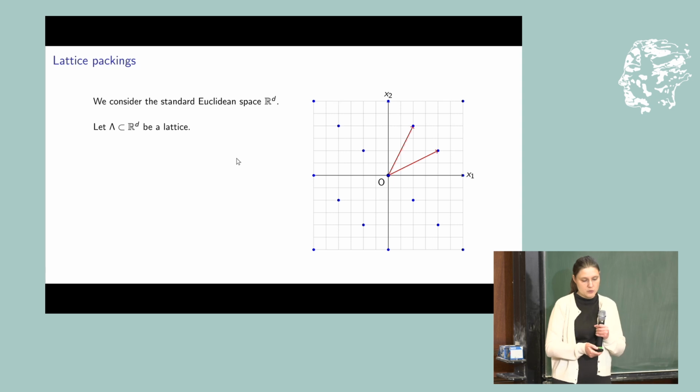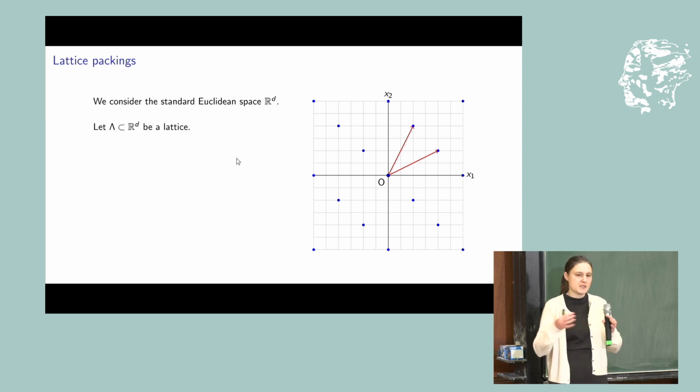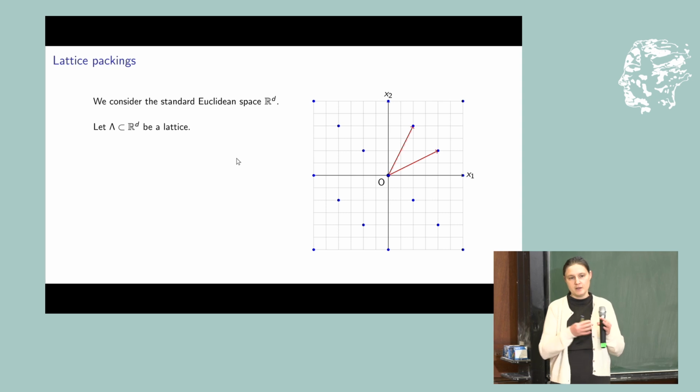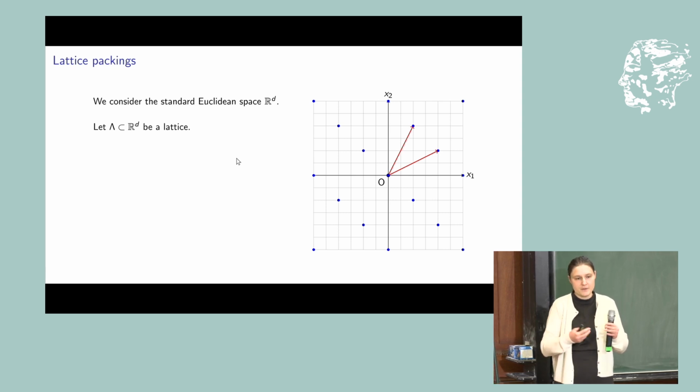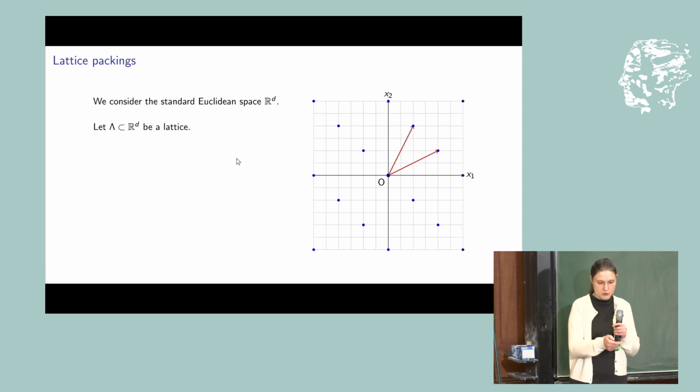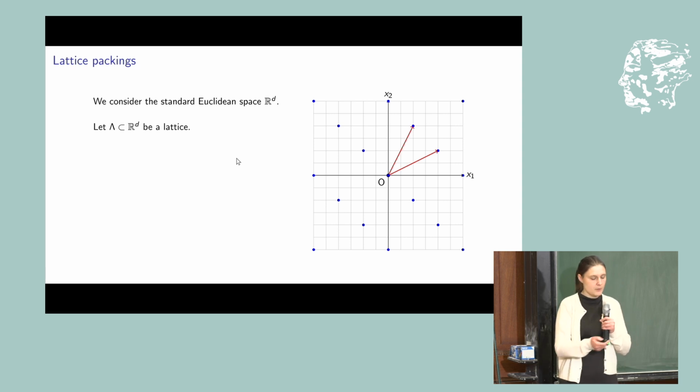Now, if we have a lattice, we can associate a sphere packing to it. What we want to do is take these blue points as the centers of the spheres, or rather balls, and we take our balls as big as possible so that they don't intersect each other, so that this is indeed a packing. What do we do for this? We search for the shortest vector in the lattice.